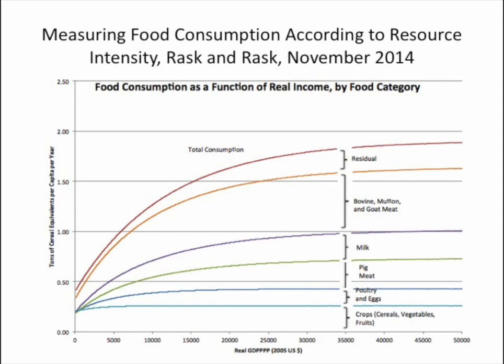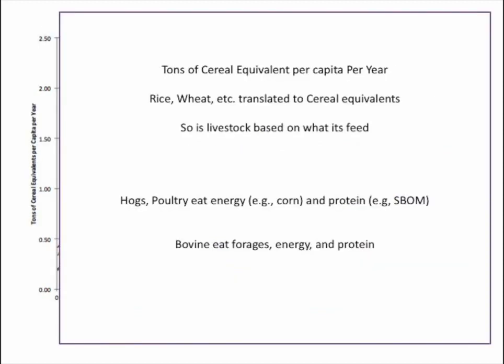United States with income over 50,000 would be over on the right hand side of the graph. China, India, Indonesia, Nigeria would be closer to the left hand side of the graph.